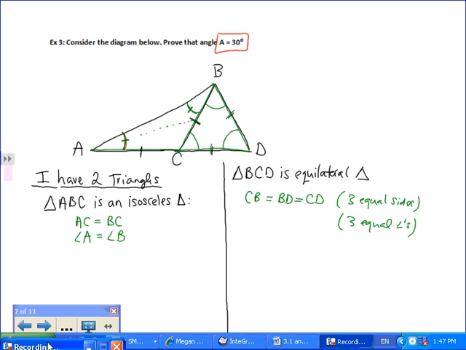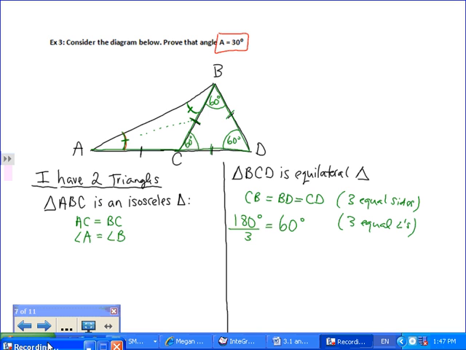So to figure out each angle, I can take 180 degrees, the total angles of my triangle, and divide by 3. This is always true of equilateral triangles. Each angle is equal to 60 degrees. So let's fill that in. This angle is 60 degrees, this angle is 60 degrees, and this angle is 60 degrees. There are my 3 angles of that equilateral triangle.